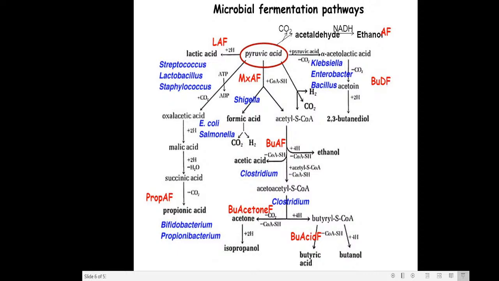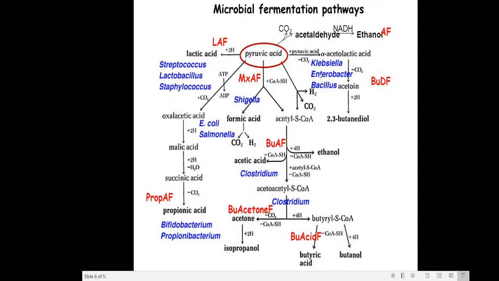In this pathway, acetyl-CoA is produced by the Clostridium. It's a major thing in the pathway. And Klebsiella, Enterobacter, and Bacillus, these 3 species are helpful for 2,3-butanediol and acetolactic acid production.